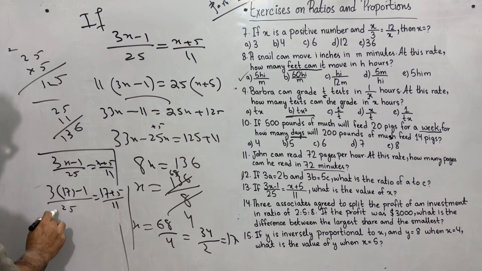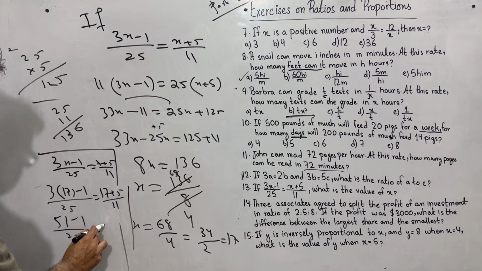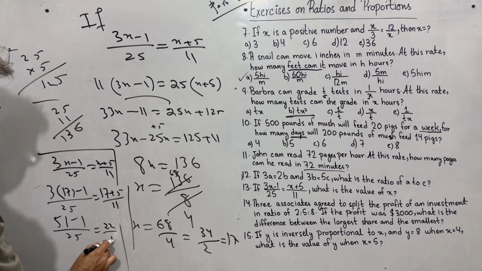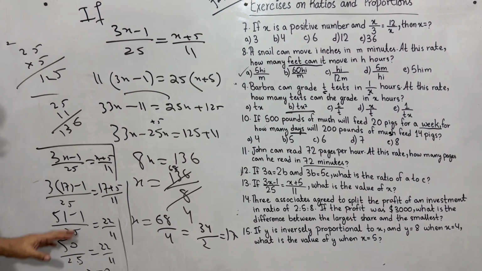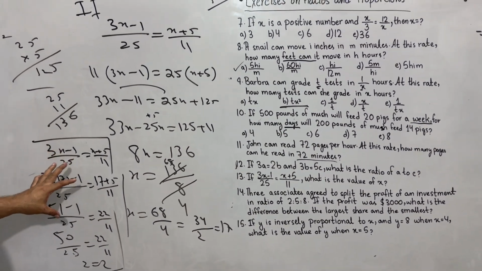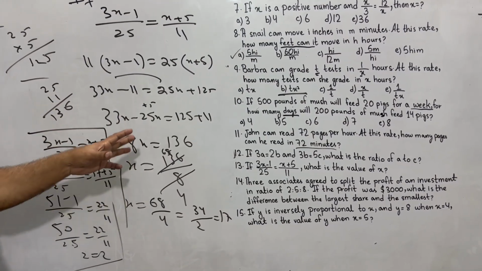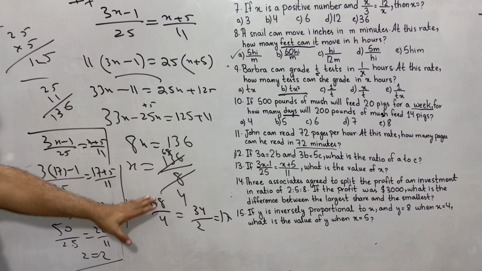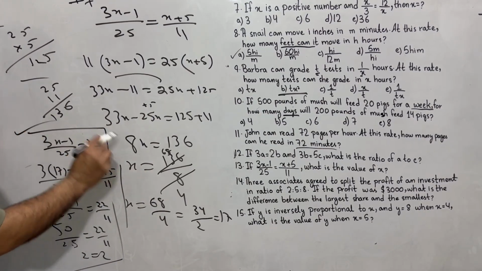How much is it? 51 minus 1 over 25, that is 50 over 25. And 22 over 11. So 2 is equal to 2, we have verified as well. This is also a tip, but it will take time because you have at least 5 options, and you have to check all 5 options. Adopt this strategy. It is a good one for us. It is not bad. It is also workable.